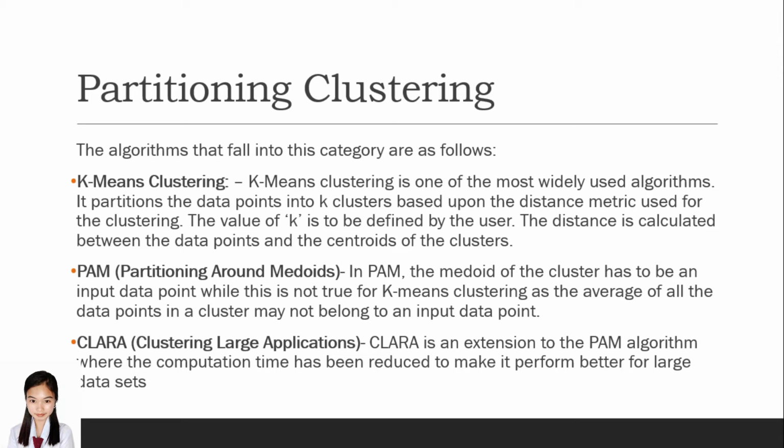So the data point which is closest to the centroid of the cluster gets assigned to that cluster. After an iteration, it computes the centroids of those clusters again, and the process continues until a predefined number of iterations are completed or when the centroids of the clusters do not change after an iteration.